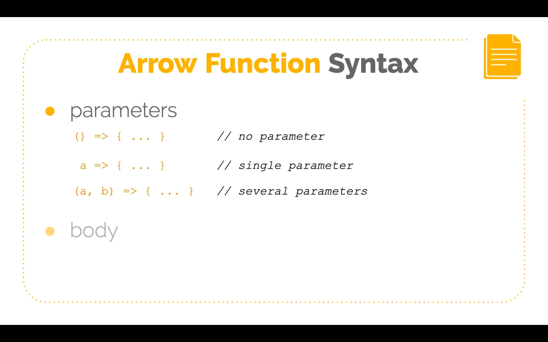And similarly, if the function body is a single statement, then we can drop the curly brackets as well. And also, we can drop the return keyword because arrow functions return the value by default. So I hope you see how much easier it is to write functions this way.